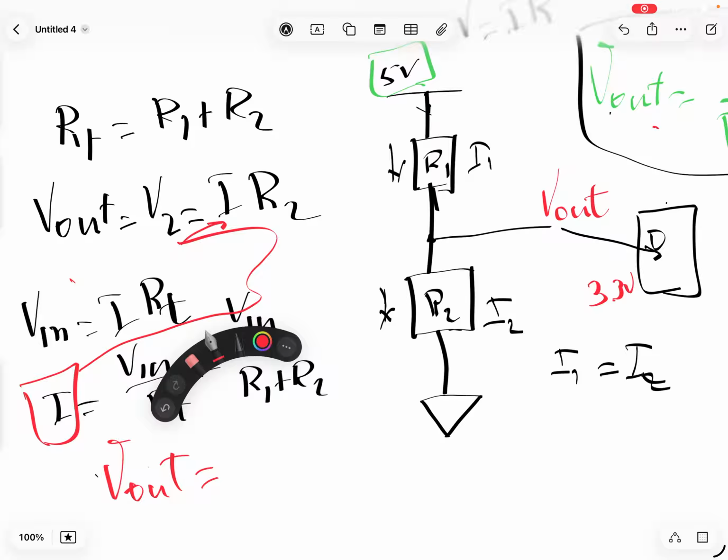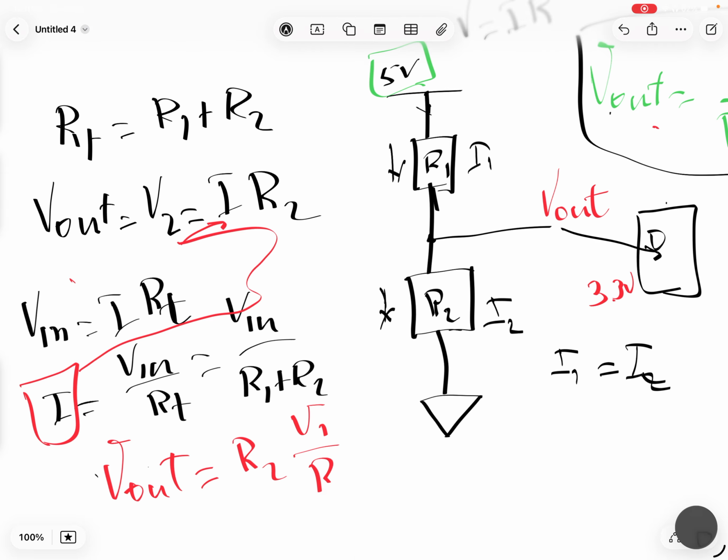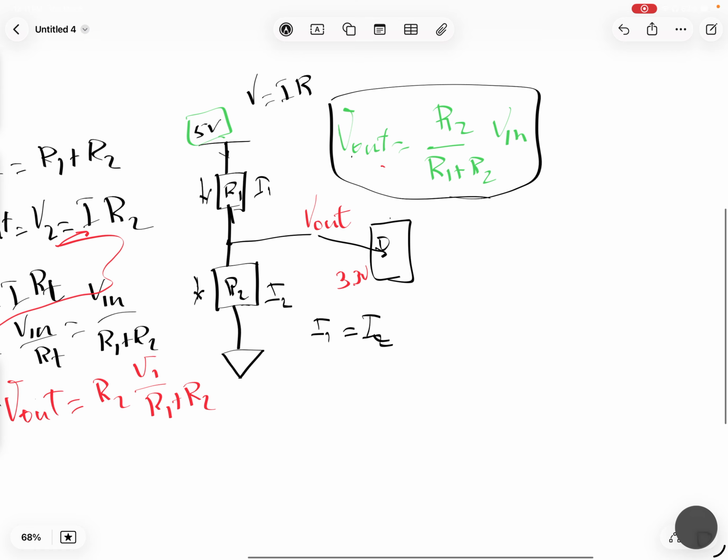Okay, so we have V out equals R2 times the current, which is Vin over R1 plus R2. And this is exactly the formula here, just a little bit rearranged. If I rearrange this a little bit, we get R2 over R1 plus R2 times Vin, and then we get this formula.